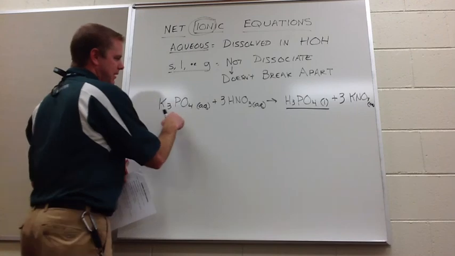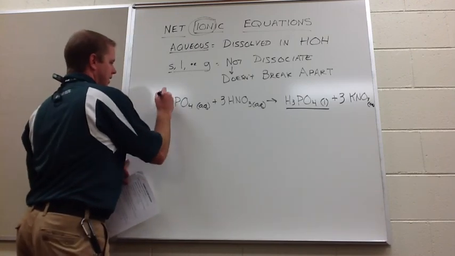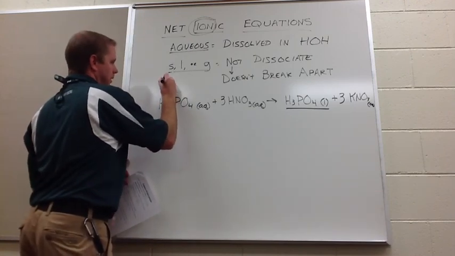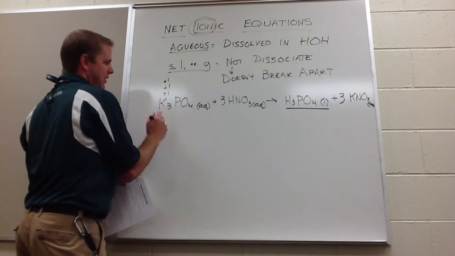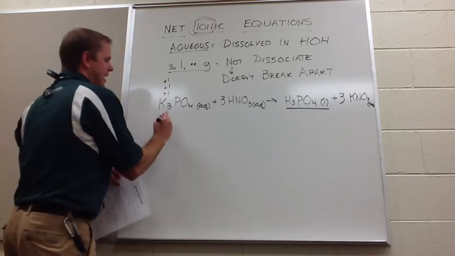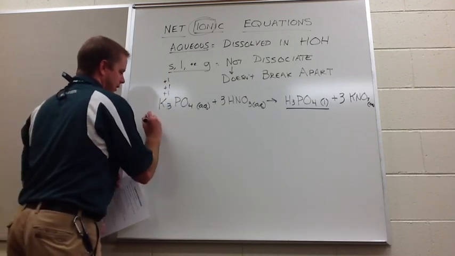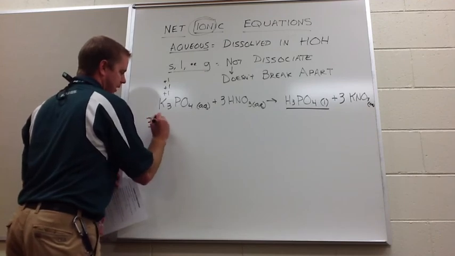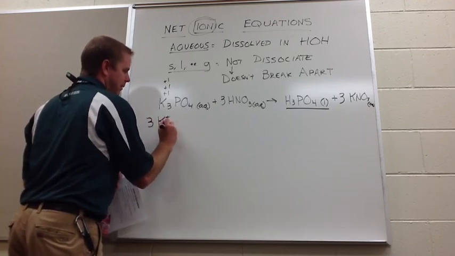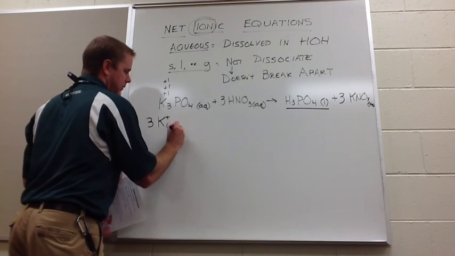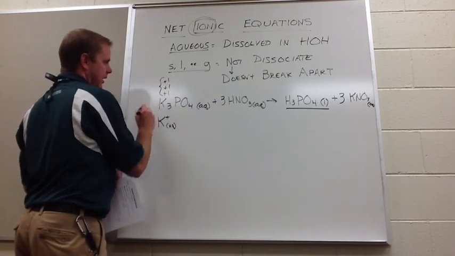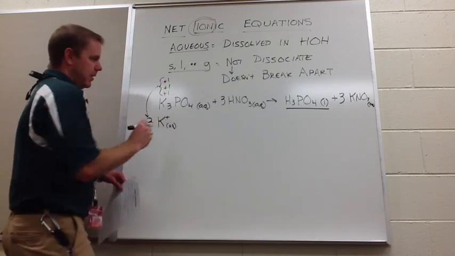K3PO4 really means you have a plus 1 potassium, and there are 3 of them. So it breaks down into 3 K plus aqueous ions, because there are 3 of them right there.